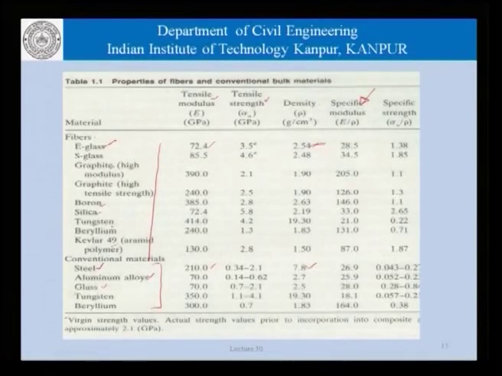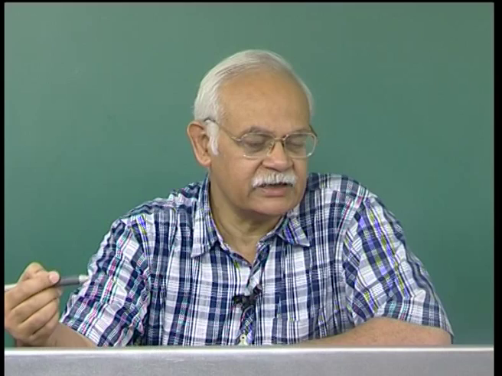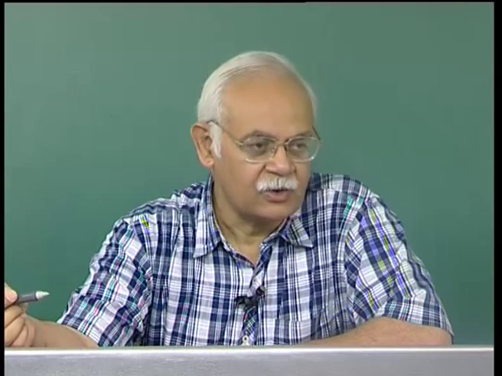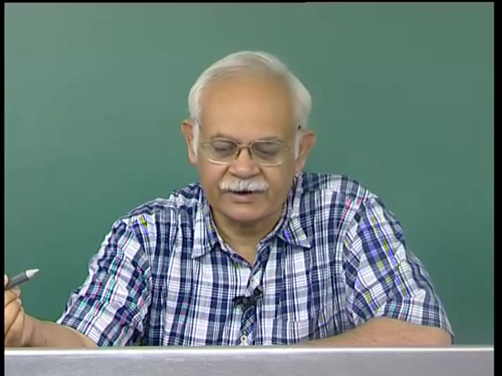Another way of looking at some of this information is to talk in terms of a specific modulus or a specific strength. Now, specific modulus and specific strength are these modulus values divided by the density. So, we try to say, what is the specific strength? That means, for every kg of material that we use in the structure, what is the strength that we get?